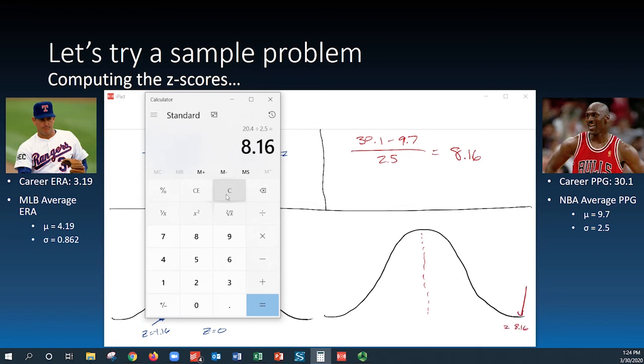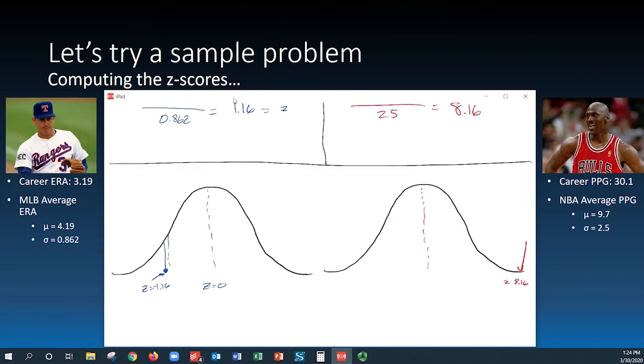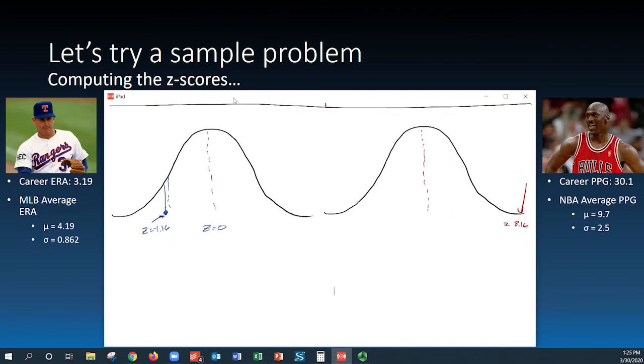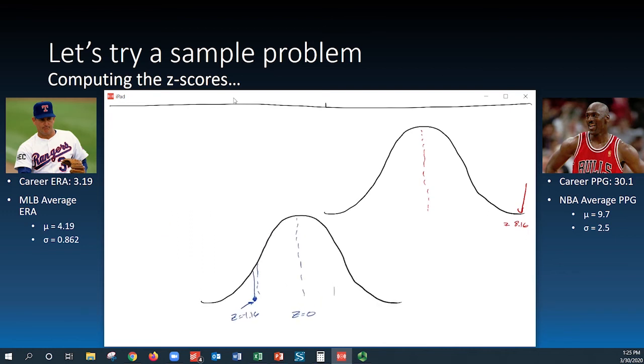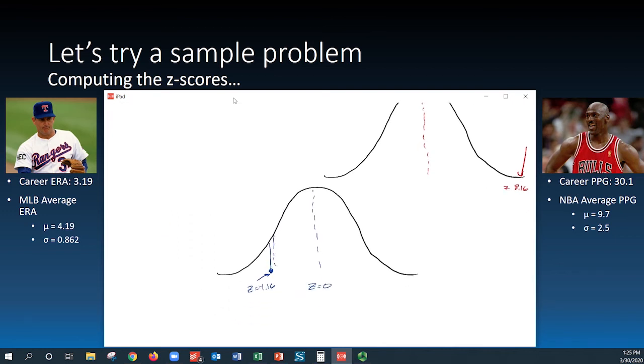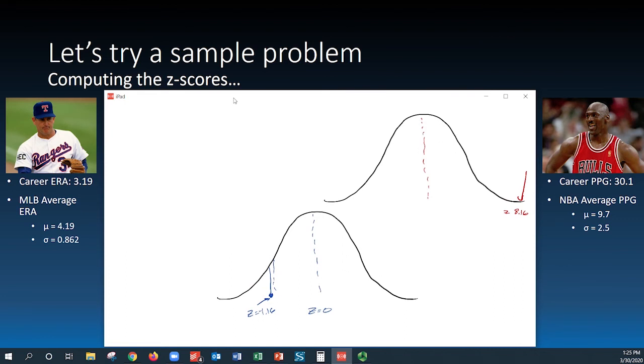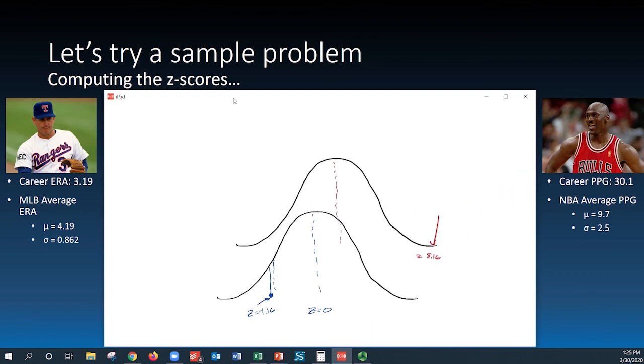So what we're doing when we're making a comparison of z-scores like this is essentially recognizing we can take this graph of this z-score and this one of this z-score, and do a direct comparison to see how they line up.